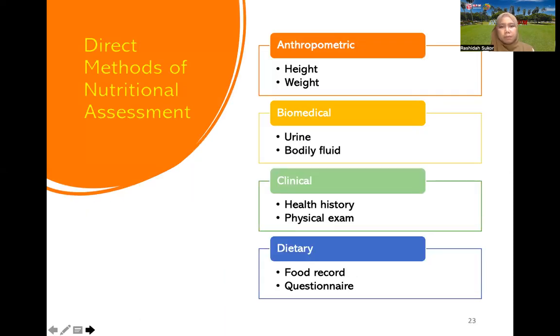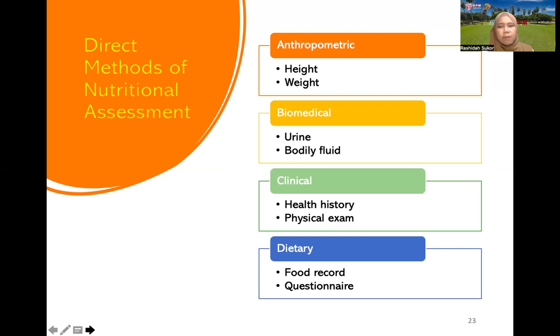Okay. For the anthropometric, we normally talk about the physical. We want to measure the height and the weight and the waist circumference, for example. So those are the physical attributes we use to assess the nutritional status of this person or this community.